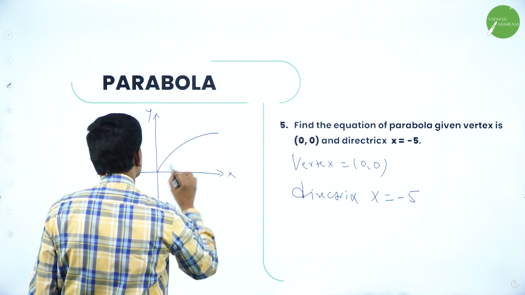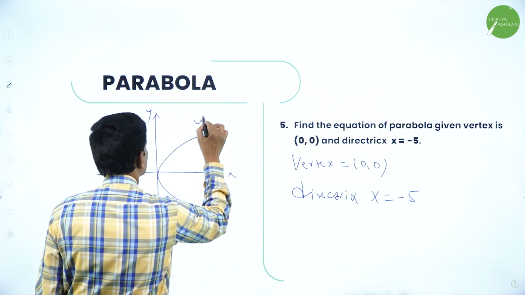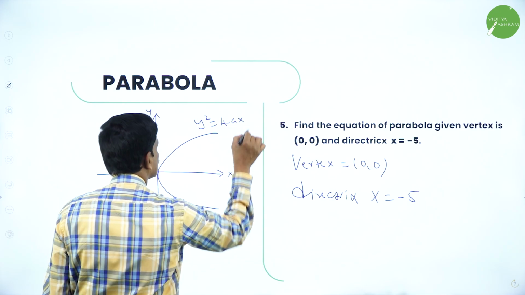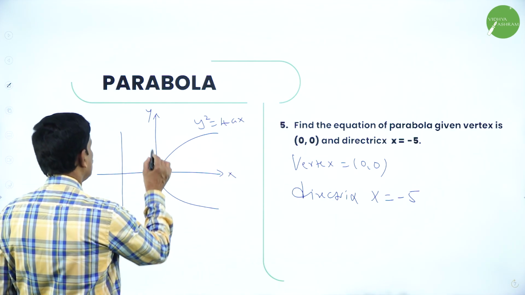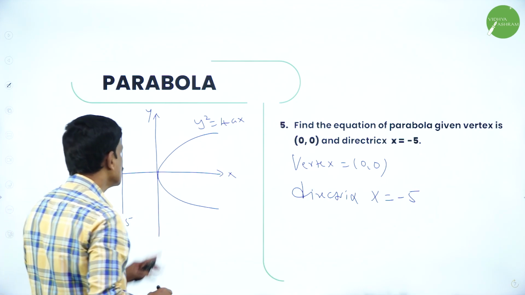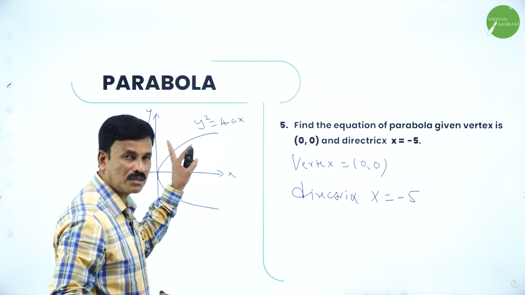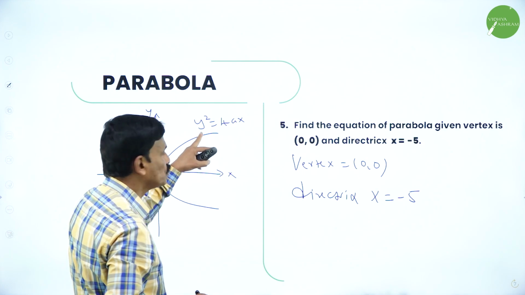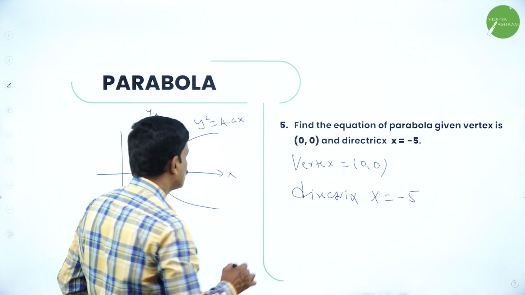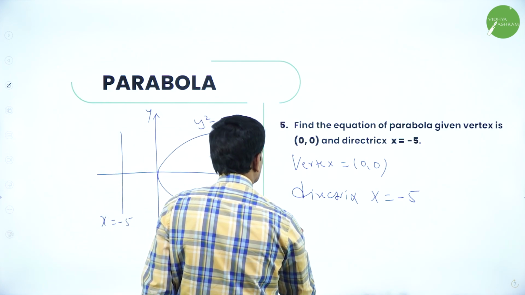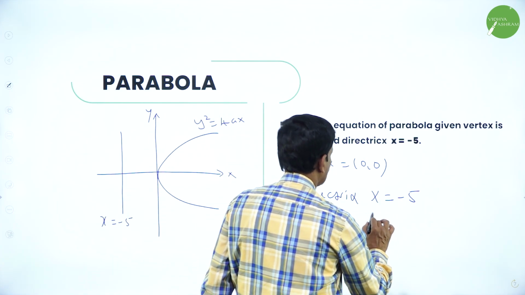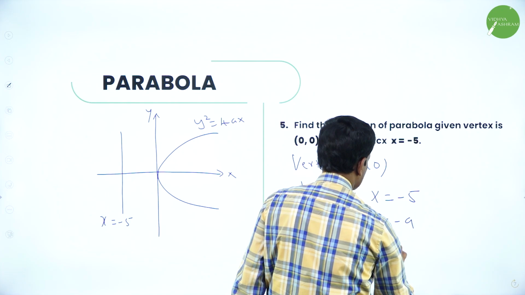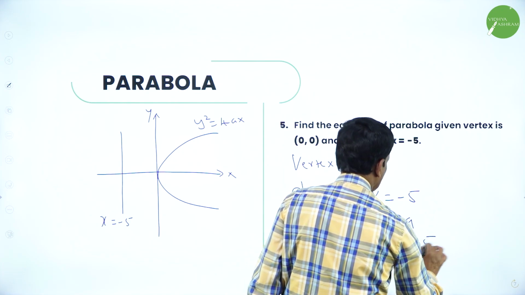So this is the parabola, that is y square is equal to 4ax. The vertex is (0, 0) and the directrix is x is equal to minus 5, which means it's a line parallel to the y-axis. Therefore the axis of the parabola is the x-axis and the equation of the parabola is y square is equal to 4ax. Now y square is equal to 4ax is the standard equation. So directrix is equal to minus 5 means this is minus a, therefore a is equal to 5.